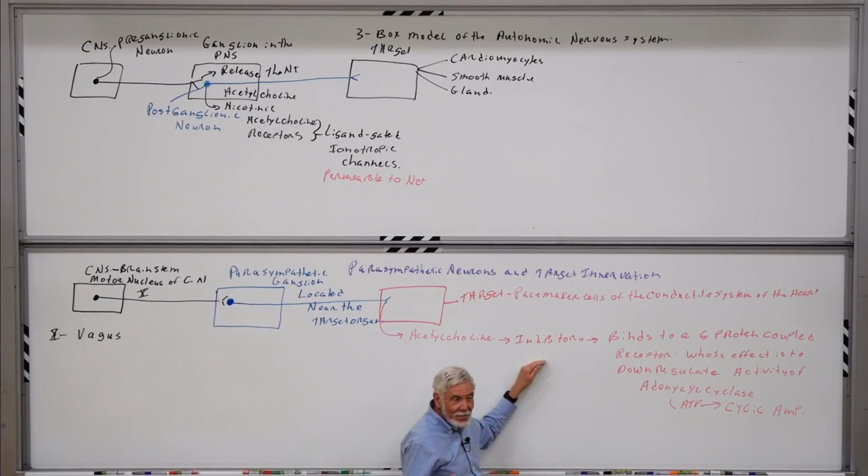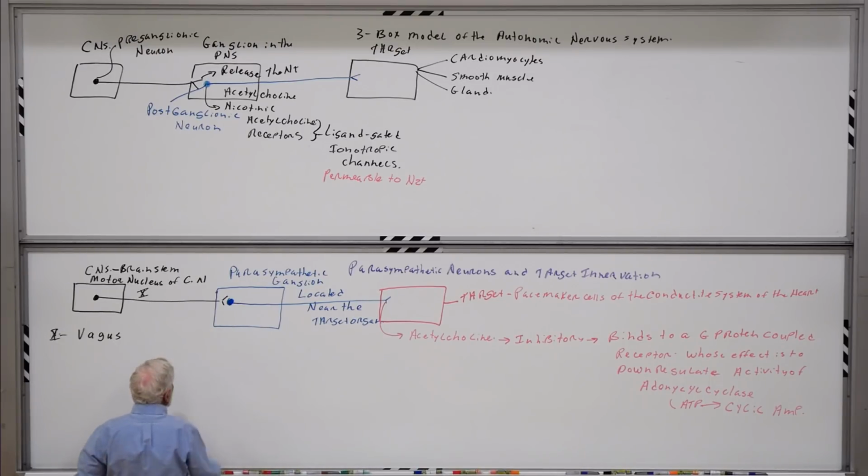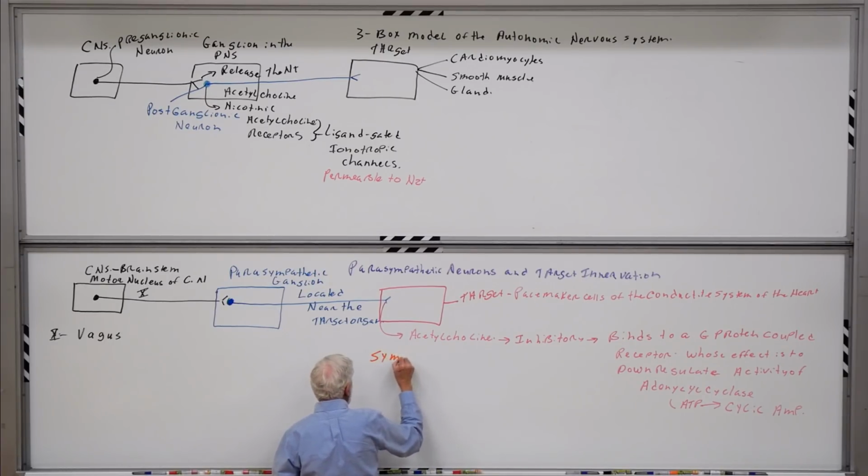It's going to reduce it. So that changes the slope of that ramp potential, reducing the slope of the ramp potential. Well, we can tell a similar story. If that's the parasympathetic branch, let's label this as the sympathetic branch.